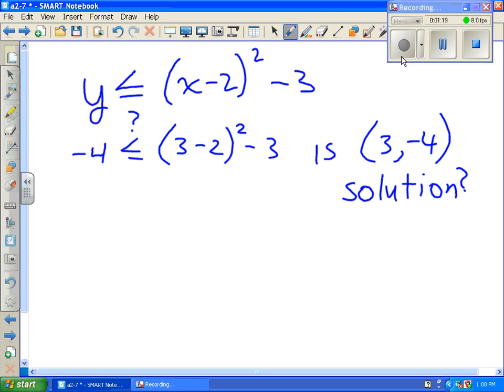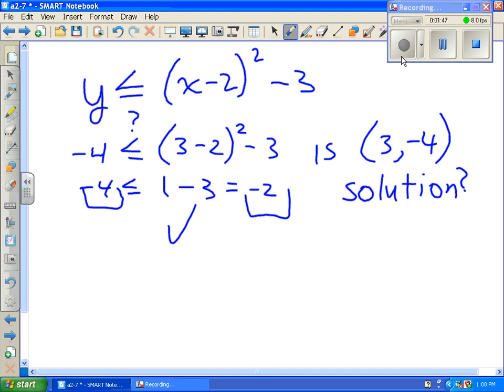Let's simplify that a little bit. Is negative 4 less than or equal to 1 minus 3, which equals negative 2? Well, the question is, is negative 4 less than or equal to negative 2? And the answer is yes. So this is a solution.